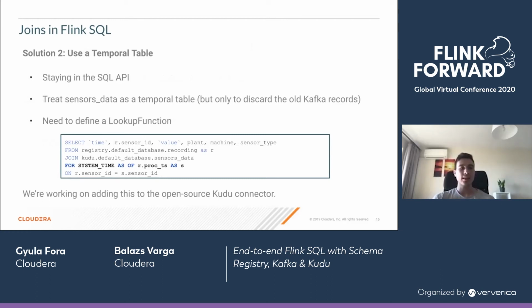In this way, we stay with the SQL API and treat the sensors data Kudu table as a temporal table. To do that, we need to define a lookup function on the table input, which means that we specify how we can look up certain data based on some keys. For this, we actually use the Java client of Kudu.